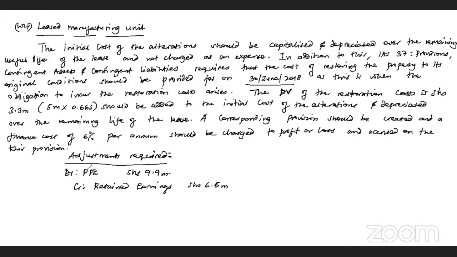Then, of course, at the same time, you have to credit your non-current liabilities by shillings 3.3, the present value of the estimate, the provision of 3.3. That one will be taken to the non-current liabilities.